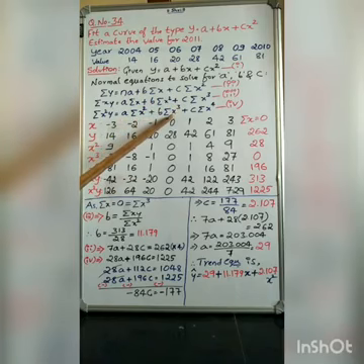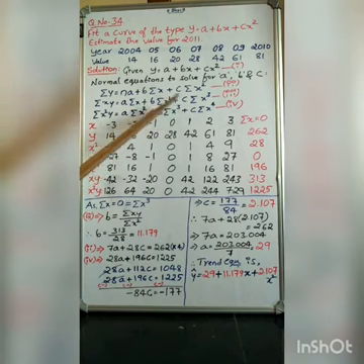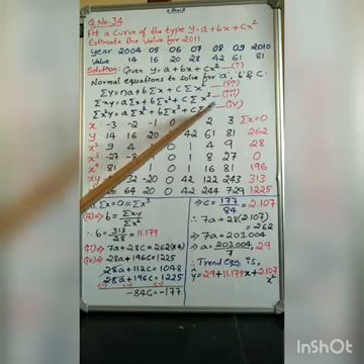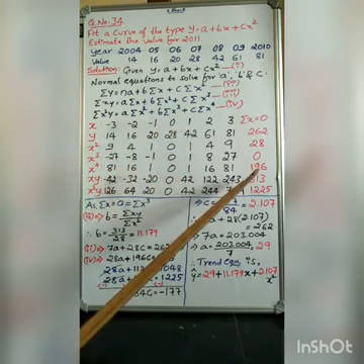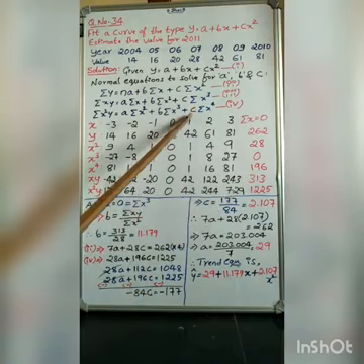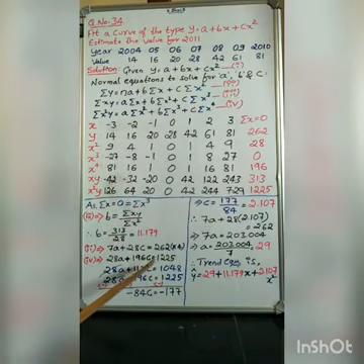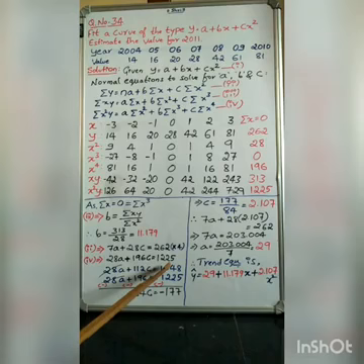Summation of x cube is 0, so 0 multiplied by B goes to 0. So plus C summation of x to the power 4. X to the power 4 is 196, 196 multiplied by C. That's why equation 4 is nothing but 28A plus 196C is equal to 1225.